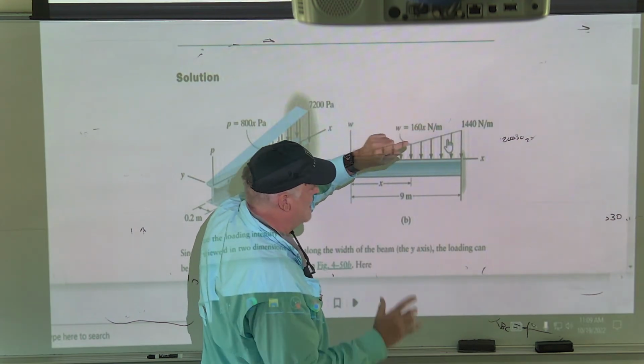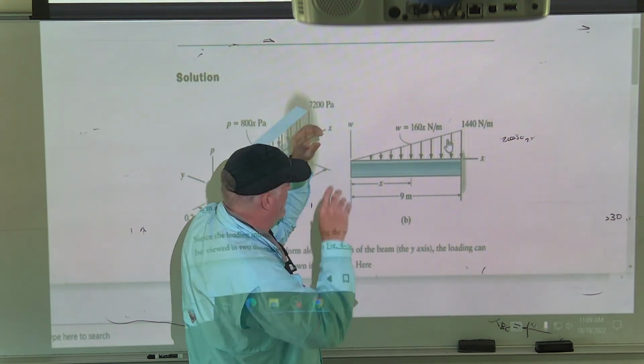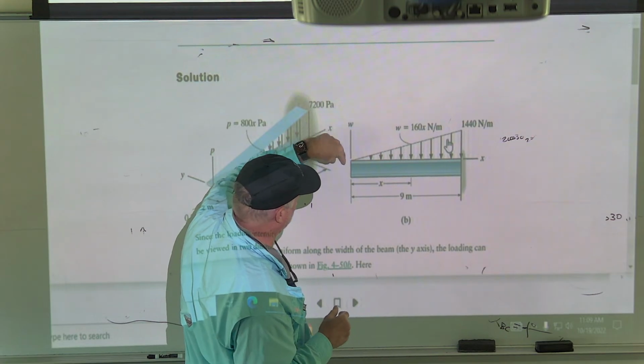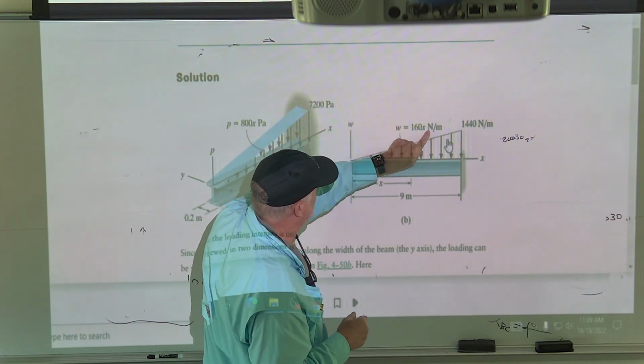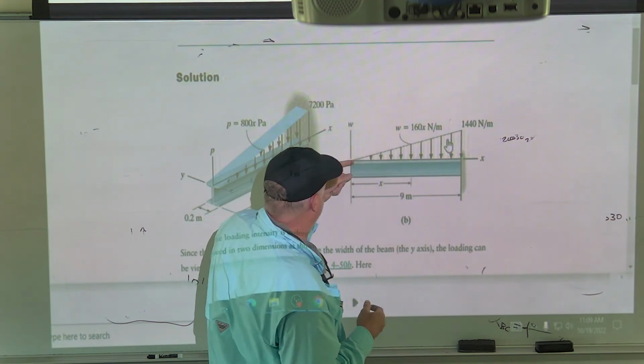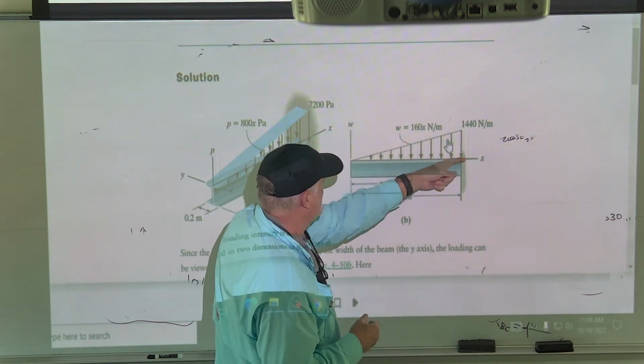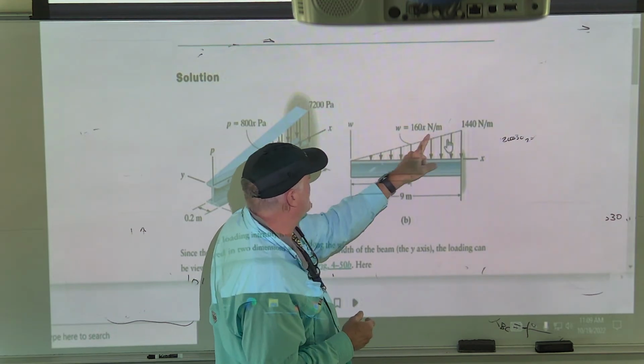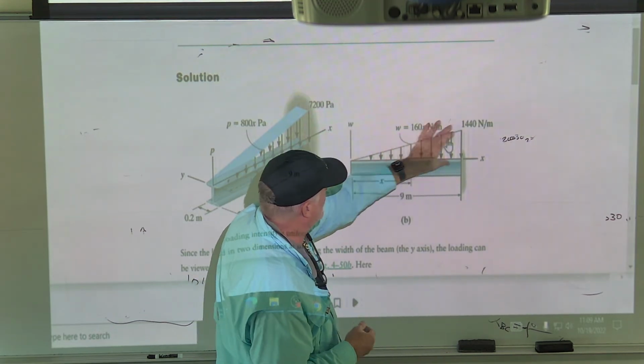Running meter. The reason I say that is because I have spent a lot of years in construction, and they always say linear foot. That's what that means. It's running out there a linear foot, but in this case, linear meter. So every meter you go over, you have more bricks, so to speak.